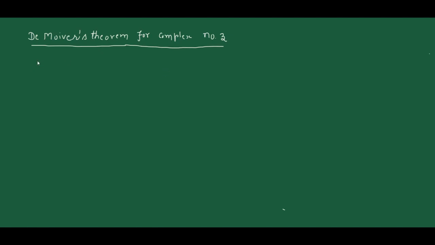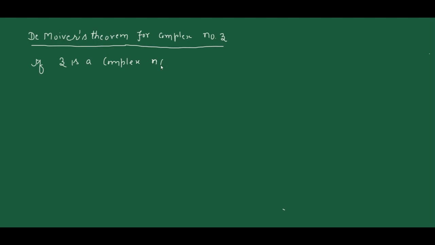So what we have seen in Euler theorem, if z is a complex number, then e raised to power iota z is equal to cos z plus iota sin z. So this is the extension of Euler theorem for a complex number.